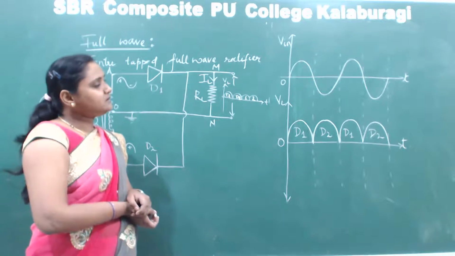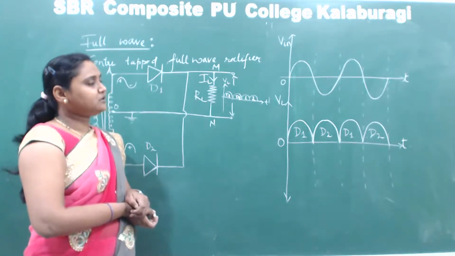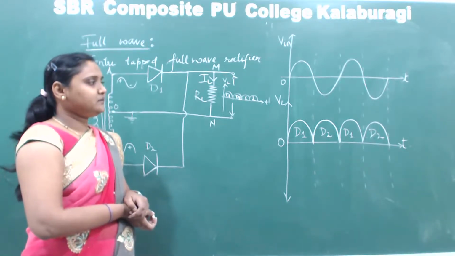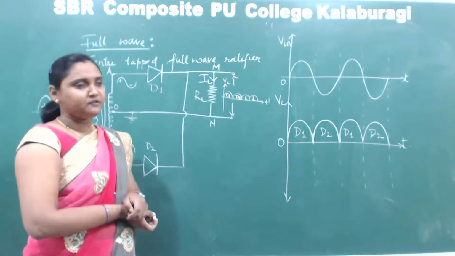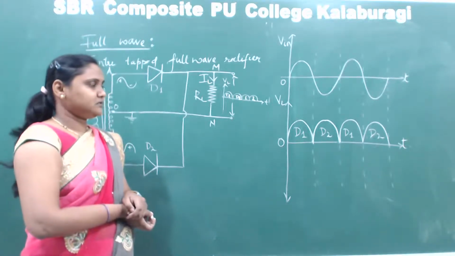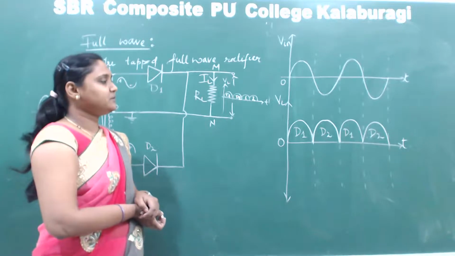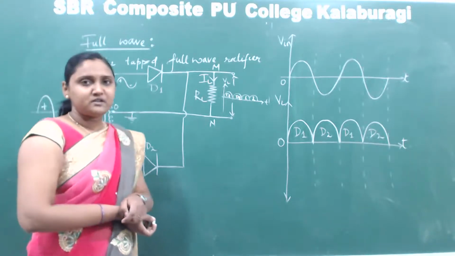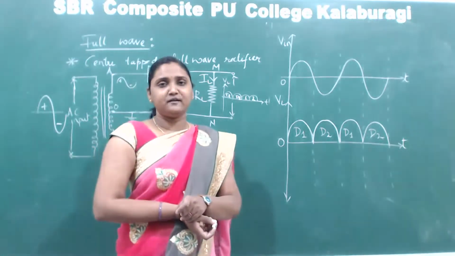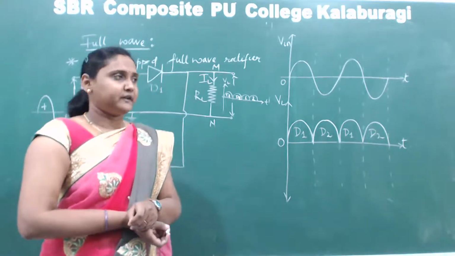Similarly, we will be looking at the bridge rectifier, but the operation and the circuit entirely differ for the bridge rectifier. In the next class, we will be covering the bridge rectifier and also the average value, RMS value, ripple factor, and efficiency for the full wave rectifiers.